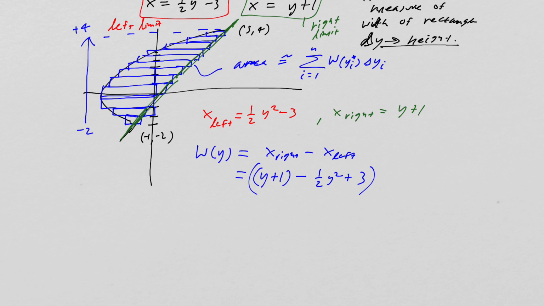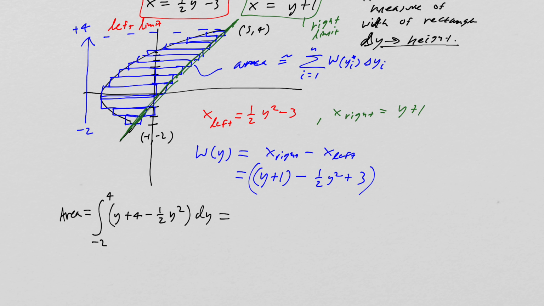So with all of this, I should be able to put together an integral. I'm going to change colors now. I'm going to construct my integral. It's going to start at -2 and go to +4, and that width function is going to be y plus 4 minus 1/2 y squared, dy. That will be equal to the area.